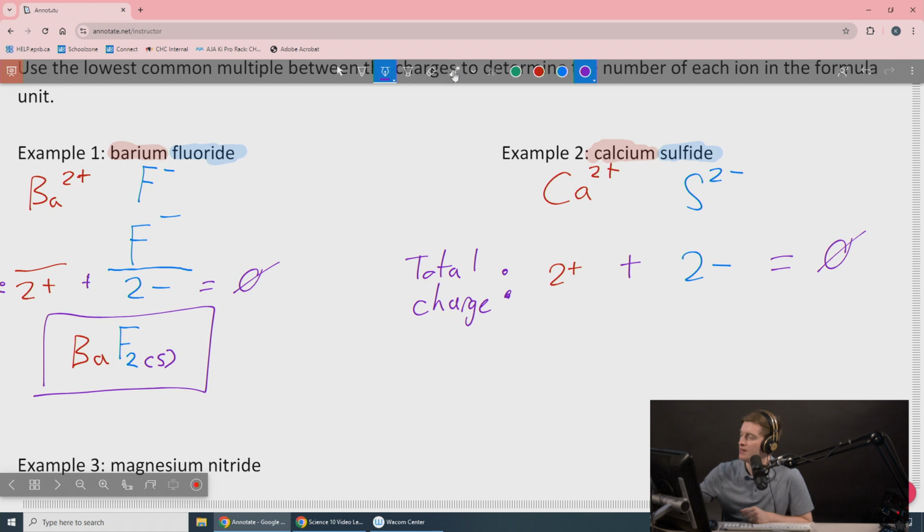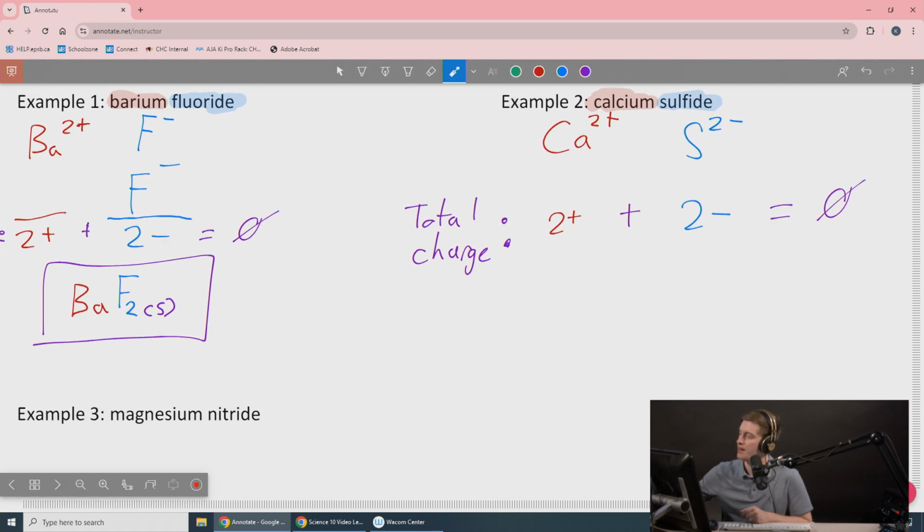So we only need 1 calcium and 1 sulfide to balance the charges so that the positive charge equals the negative charge. If we're writing the formula for calcium sulfide, then we would write calcium and then sulfide. No charges within the compound because those charges have canceled out, and again, we can make it solid.